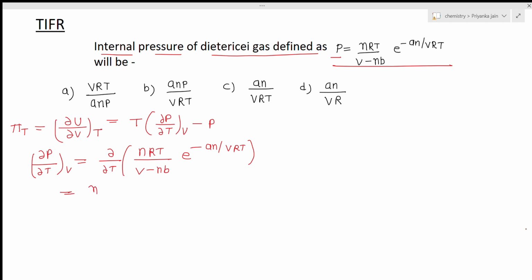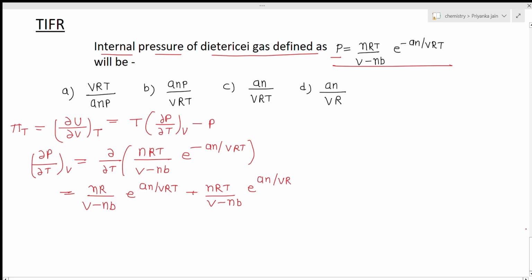We are getting nR upon V minus nb e to power minus a n upon V R T, plus nRT upon V minus nb exponent of minus a n upon V R T and then minus a n upon R V into minus 1 upon T square. Okay, this you get by differentiation.